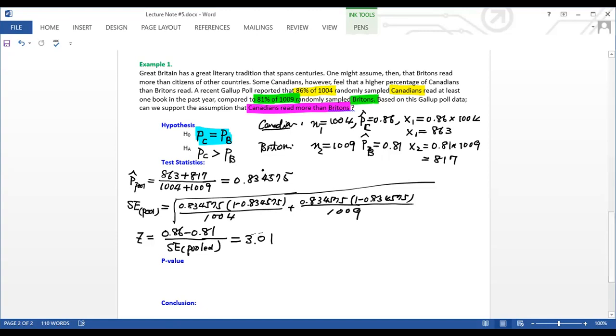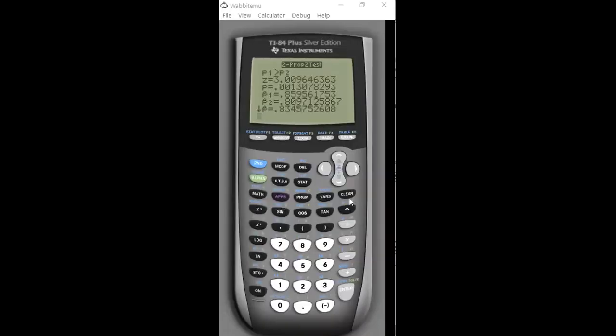Now I'm going to show you, because we also need to find the p-values here. The p-value requires technology to help. So let's take a look at how I input this big calculation into the TI calculator. And then you'll say, wow, that's really very handy.